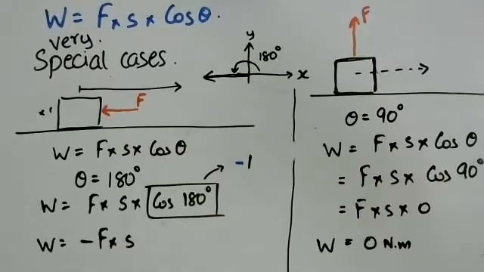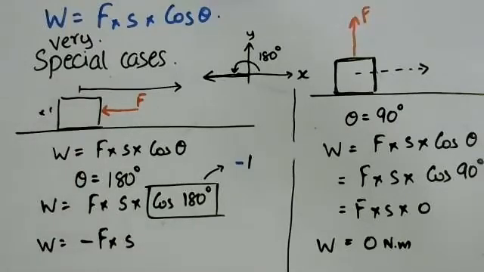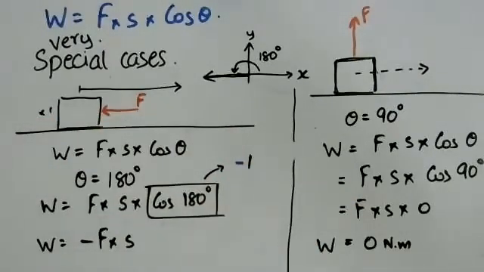So how do we interpret this? We say that this is work done against the direction of motion. The work done is negative work, which means that it is going to slow down this object. In the other case, when the force is applied in the direction of displacement, the object is going to get accelerated; it's going to speed up.